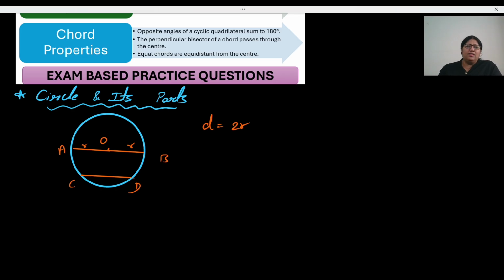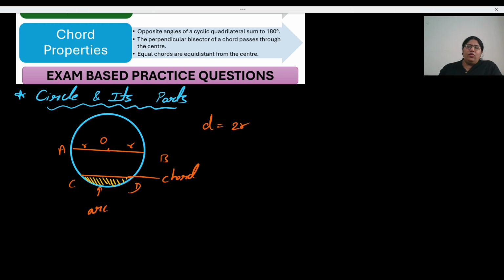So CD is a chord. Now what do we call a segment? Segment means the area occupied between a chord and an arc. So what is the arc here? This arc is a piece of the circle. CD is known as an arc, which is part of the circumference.